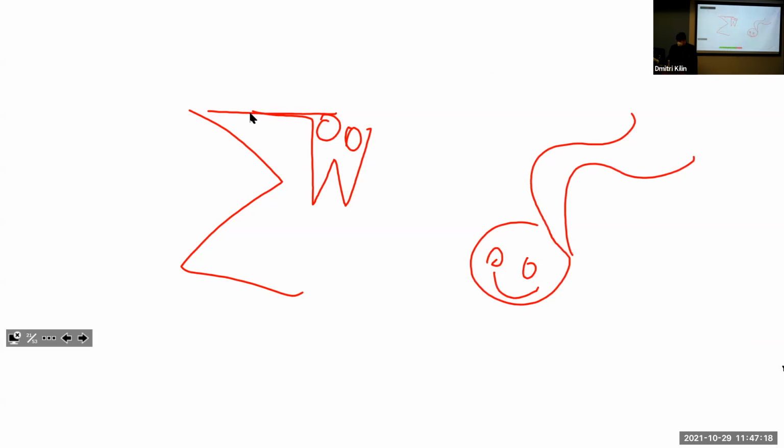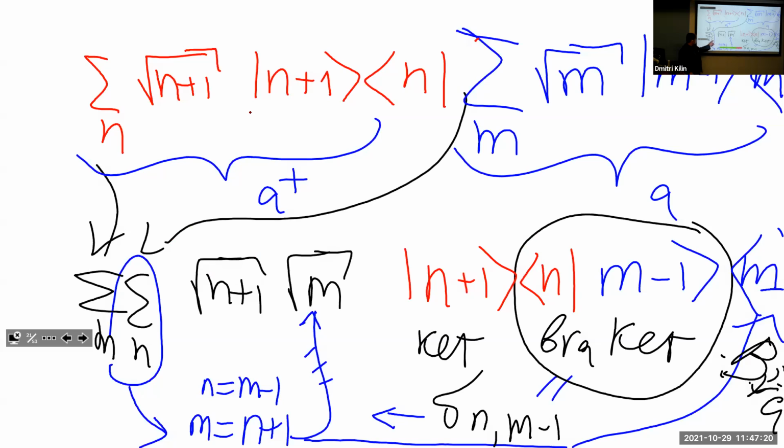Let's check if it applies here. So we have this summation over n, and we have this delta function n comma m minus 1. So we can remove summation over n and keep only those elements when n was equal to m minus 1.